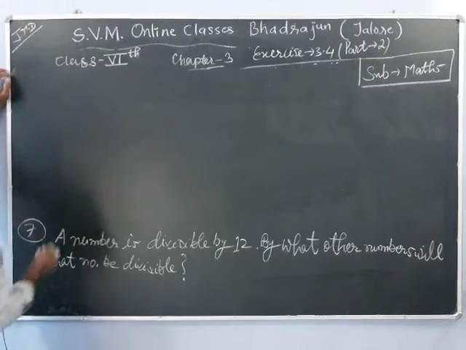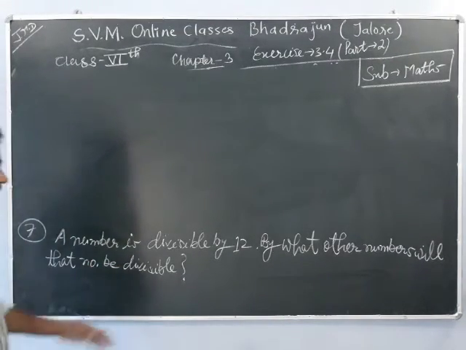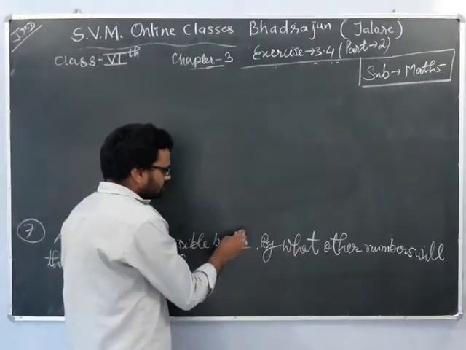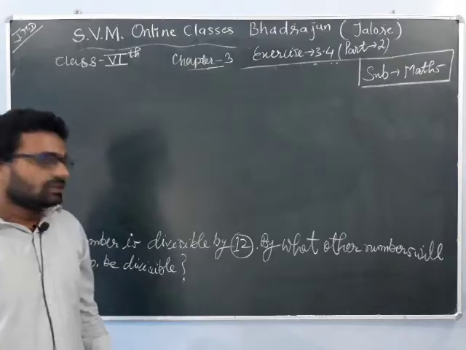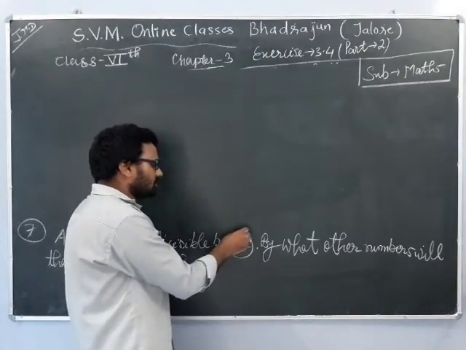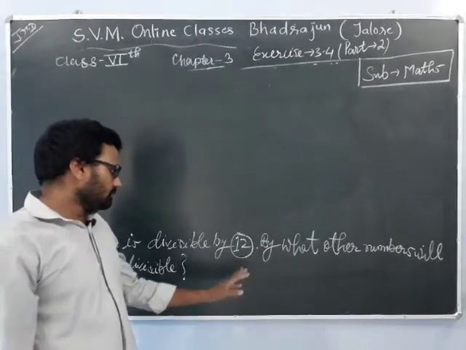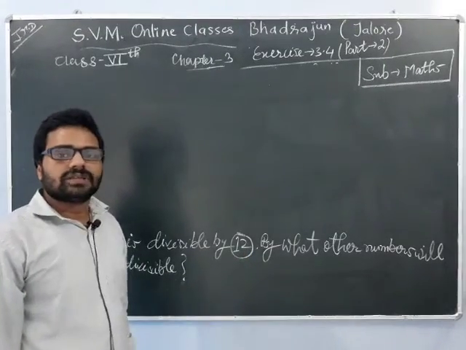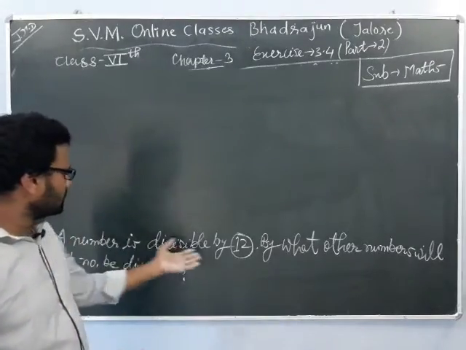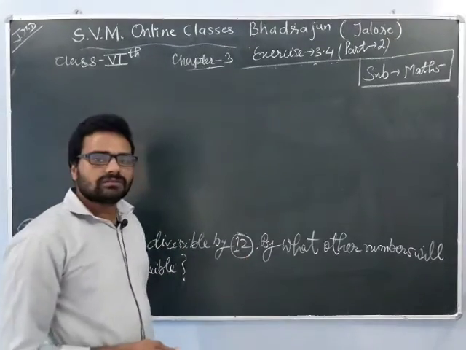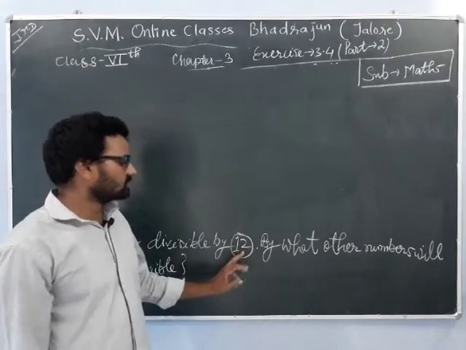Now we will see, if a number is divisible by 12, then it will also be divisible by the factors of 12. Got it? If a number is a prime number, then it will only be divisible by that number. But if the number has factors, then the number which was divisible by 12 will also be divisible by all the factors of 12.